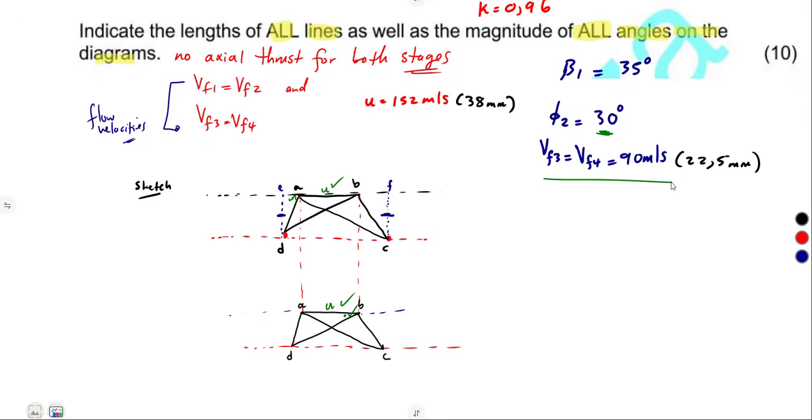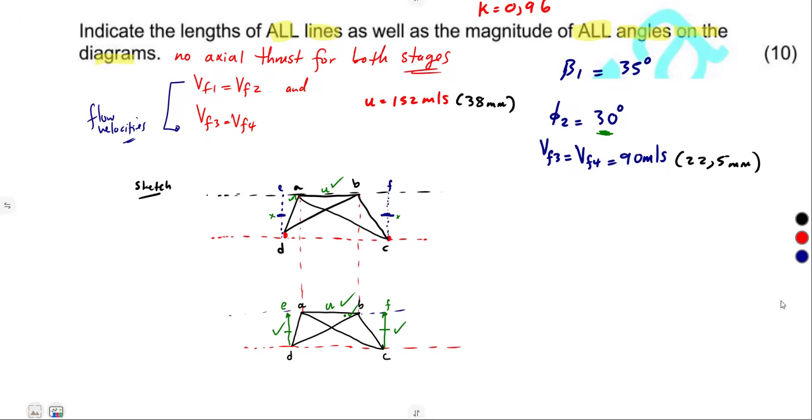And the flow velocities are there, from point D to point E, and from point C to point F. This time we have these. Previously we were not given them. We just know that they are the same, but we do not have them.